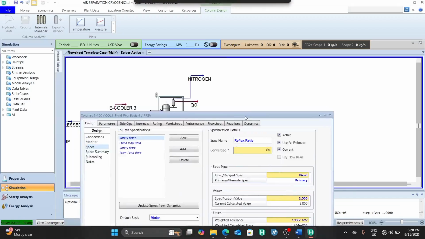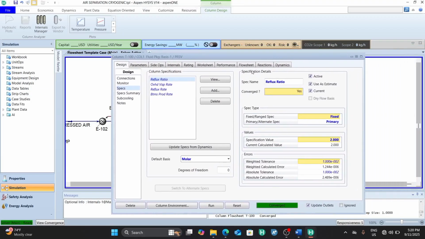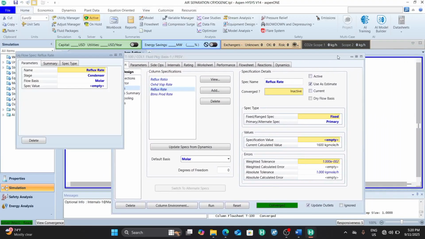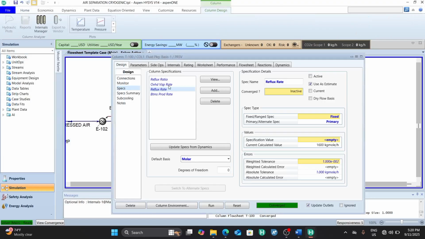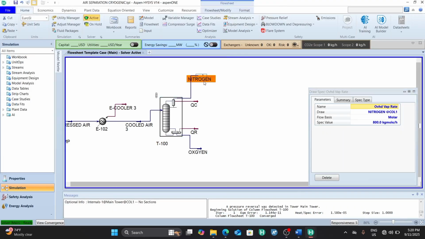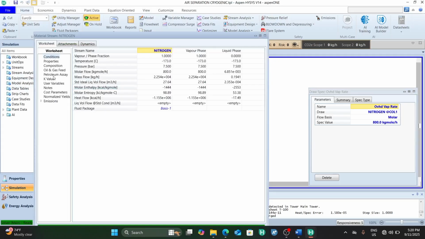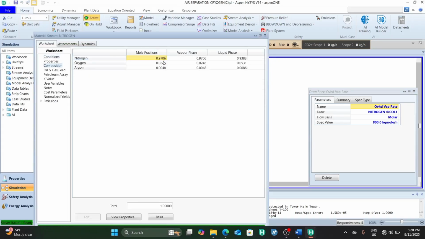Let's see what the overhead looks like up here. 800 and 97.06. So we're going to go 0.9706 multiplied by 800.